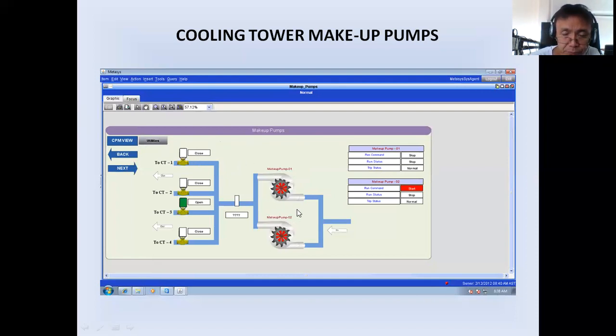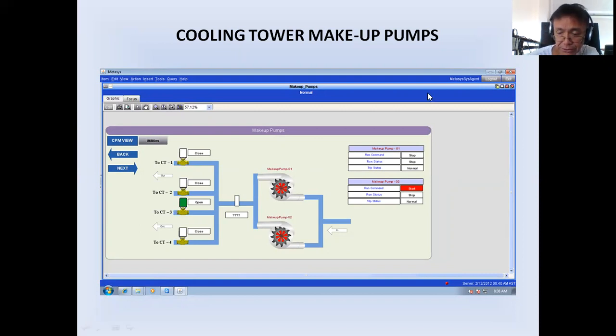Then when the water is at the right level in that cooling tower, the pump will stop and the makeup water valve, the butterfly valve, will close. As you can see here, cooling tower 3 has a low level. That's why the valve opens, then one of the pumps will run.